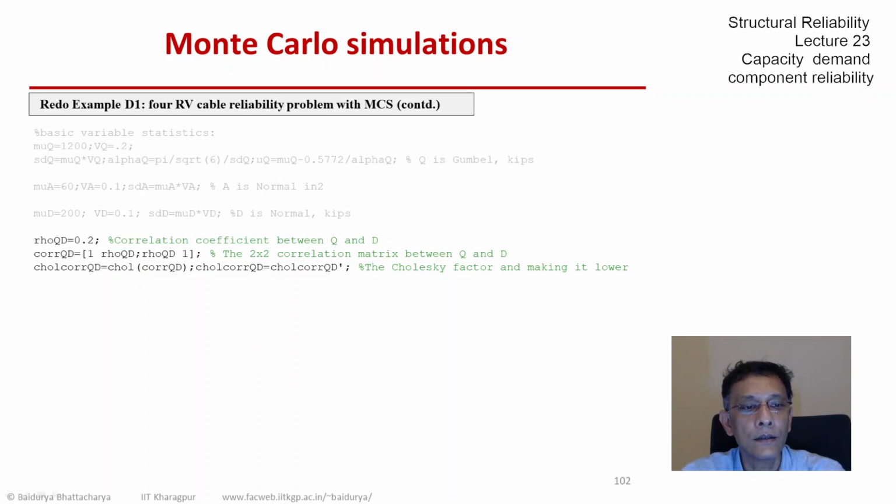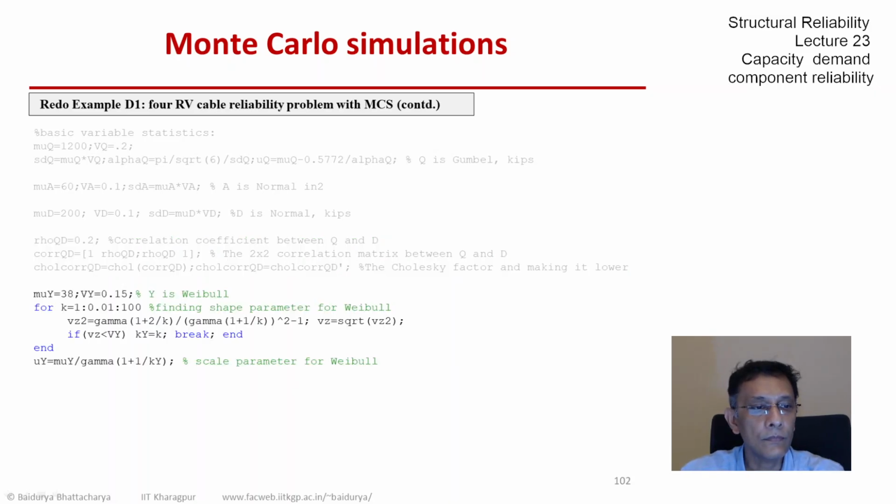And the last command in that line that you see is to make sure that it's the lower Cholesky factor. Then we obtain the statistics of y. So because y is Weibull, we go through that step. We have shown those before to get the shape and scale factors of the Weibull distribution.